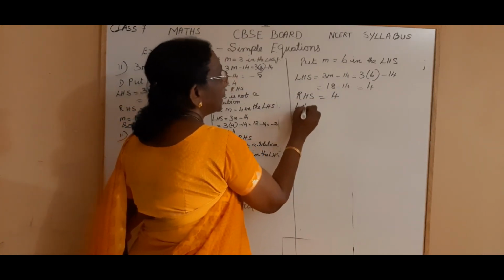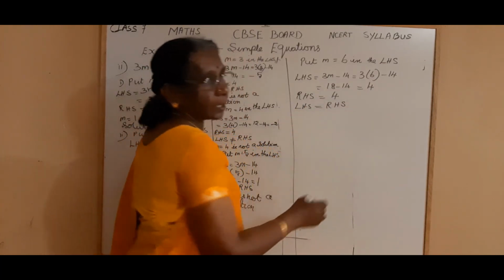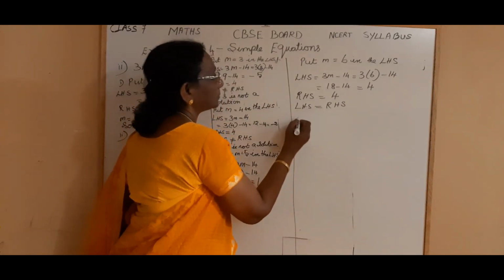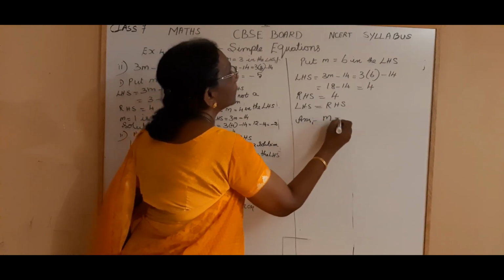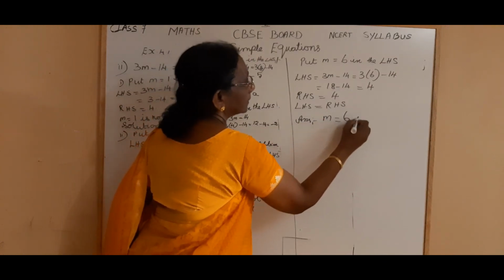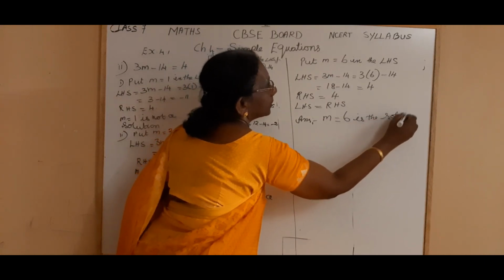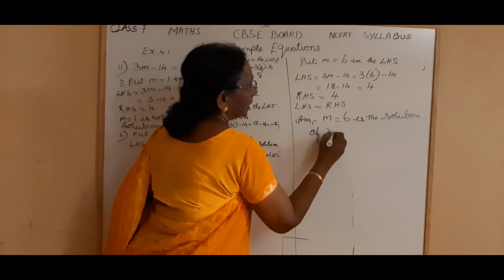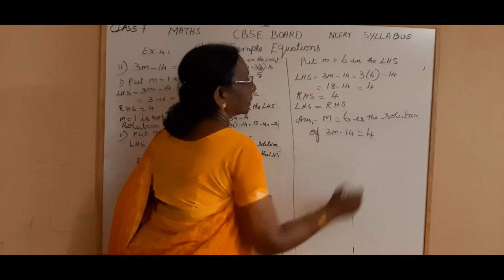So LHS is equal to RHS. So finally we got the solution. So what is the solution? The answer: m is equal to 6 is the solution of 3m minus 14 is equal to 4.